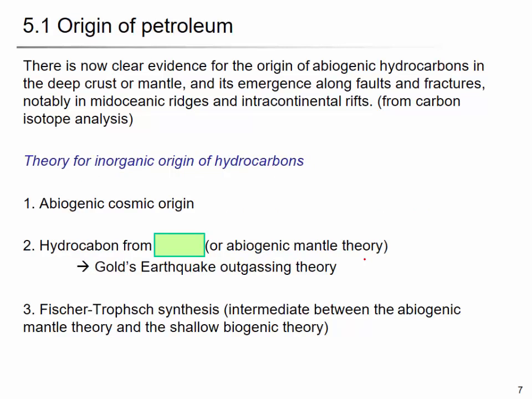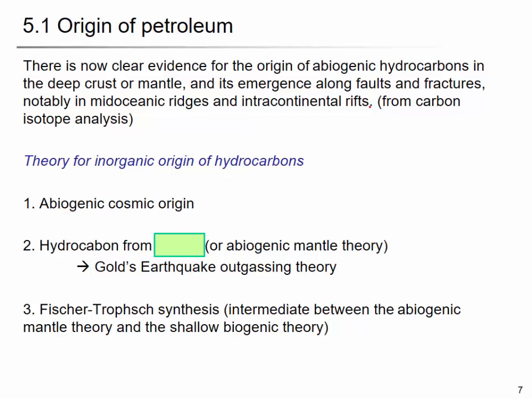So let's talk about the origin of petroleum first. There is now clear evidence for the origin of abiogenic hydrocarbons in the deep crust or mantle, and their emergence along faults and fractures, notably in mid-ocean ridges and intracontinental rifts. From carbon isotope analysis, if we analyze the C13 to C12 ratio, we can identify whether it's from microbial activity or from thermogenic carbon.